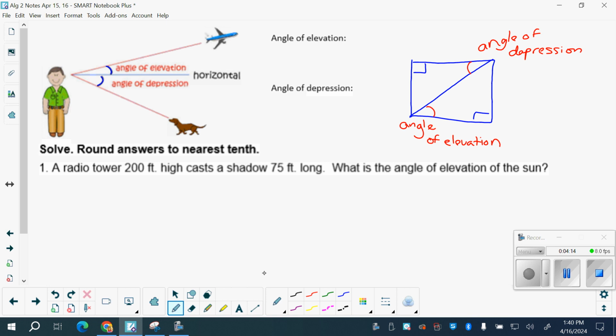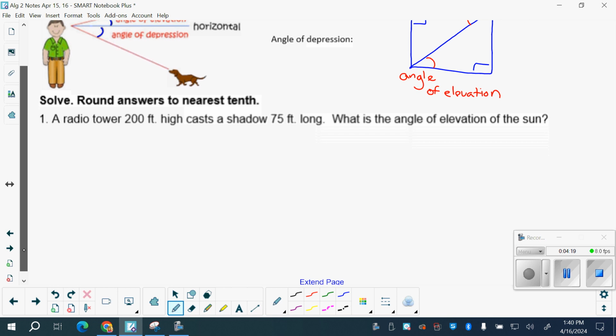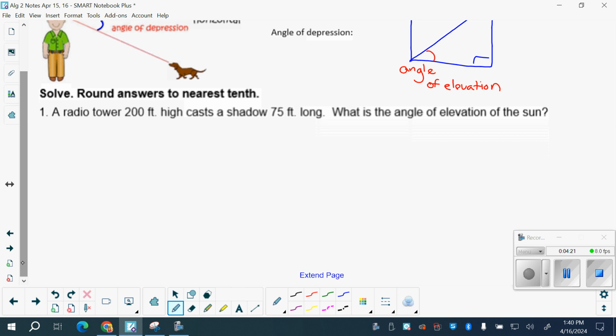Okay. So we're going to solve a word problem. A radio tower, 200 feet high, casts a shadow 75 feet long. What's the angle of elevation of the sun? So here's a radio tower, and it is 200 feet high.